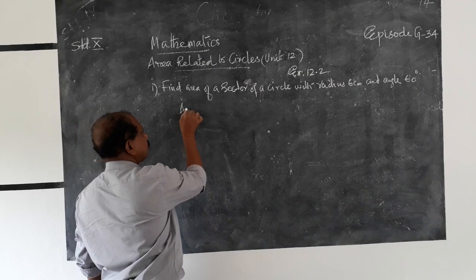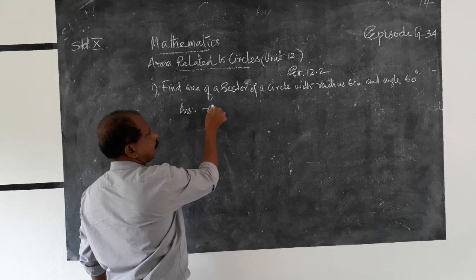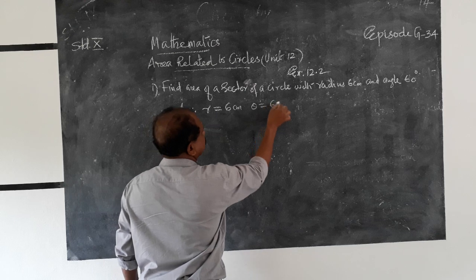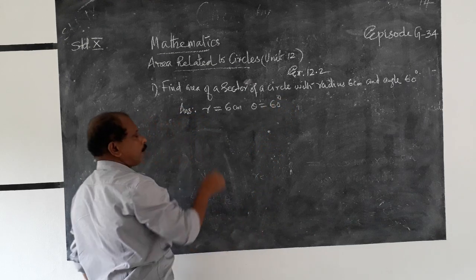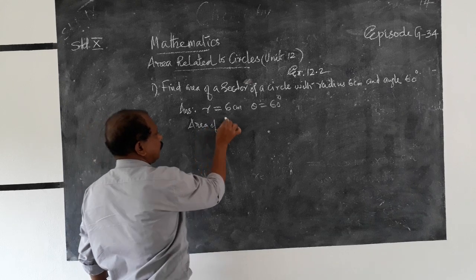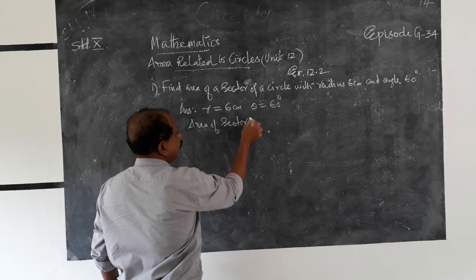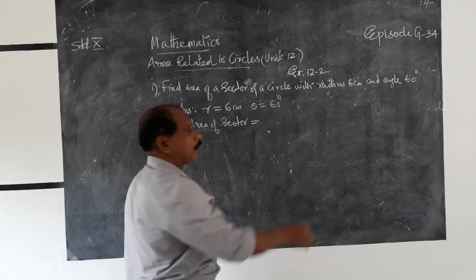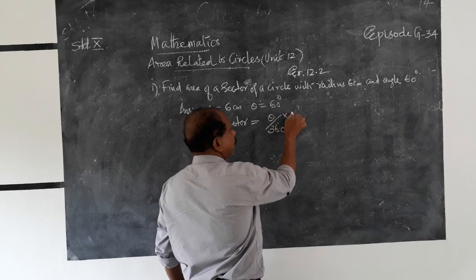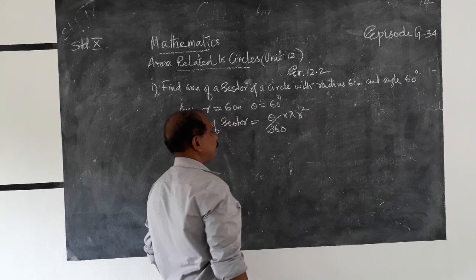Answer is what? R is equal to 6 centimeter, theta is equal to 60 degree. Therefore, area of sector is equal to theta by 360 into pi r square.